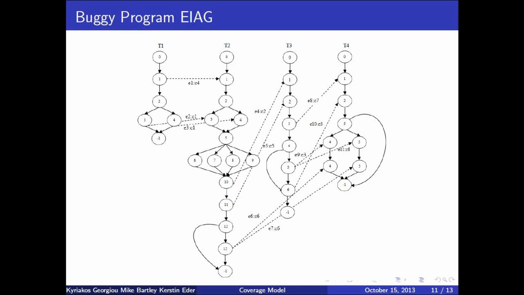It's also important to demonstrate that a property of the event interaction graph is to capture potential deadlocks in your code. So when you have a crossing event in a synchronous blocking communication model, it definitely indicates either dead code, if you are never reaching a deadlock, or a deadlock.